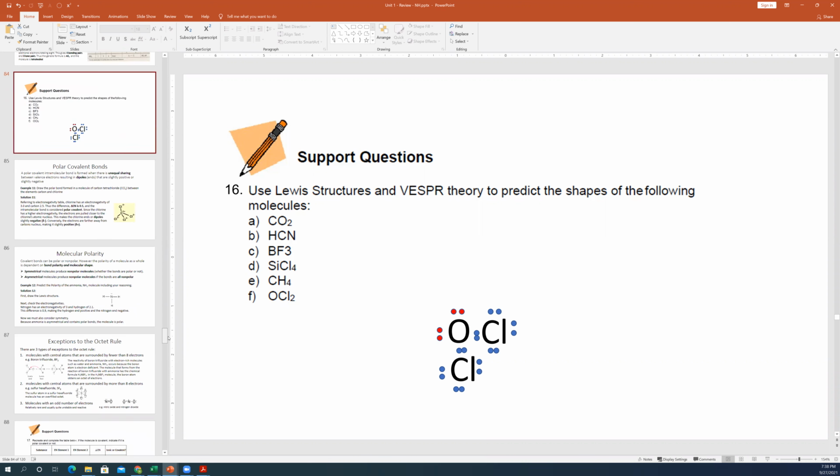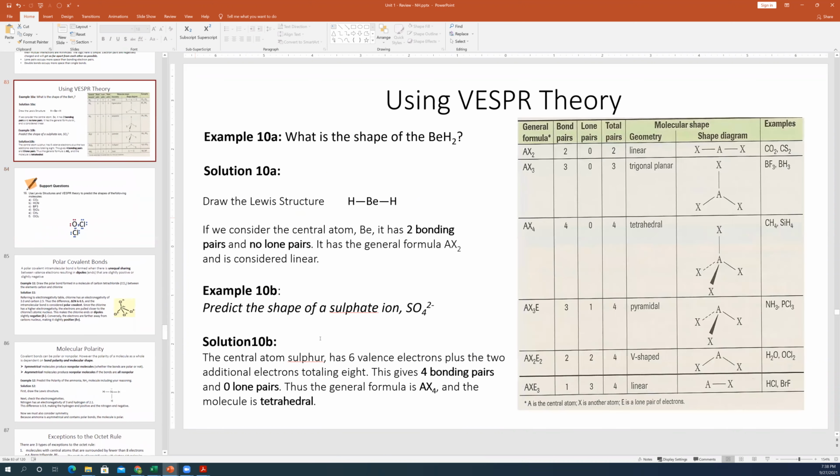Miss, can we do another example related to F? Related to F? Yeah. Okay, so another example related to F would be water. Water would be a good example.